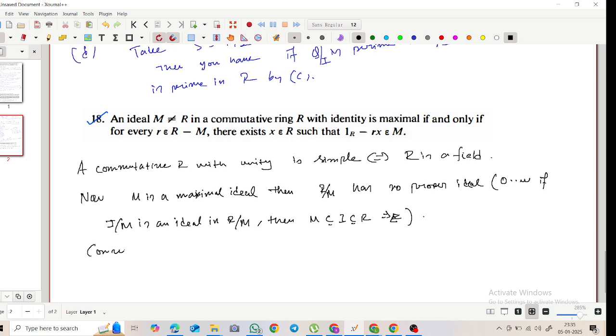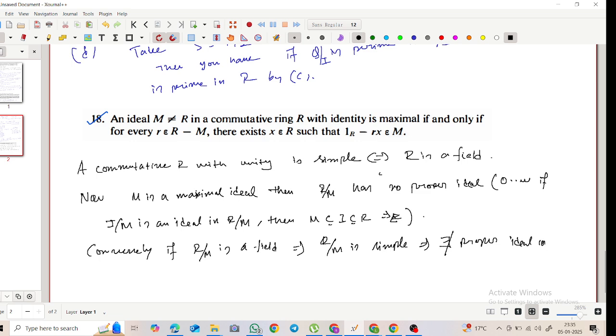Conversely, if R mod M is a field, it implies by this that R mod M is simple, which implies there exists no proper ideal containing M, which implies M is maximal.